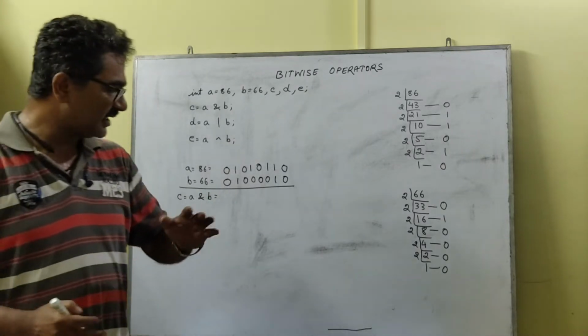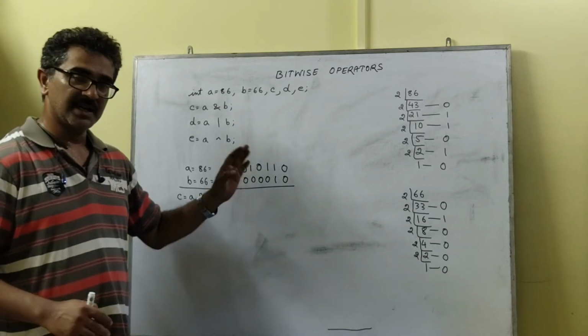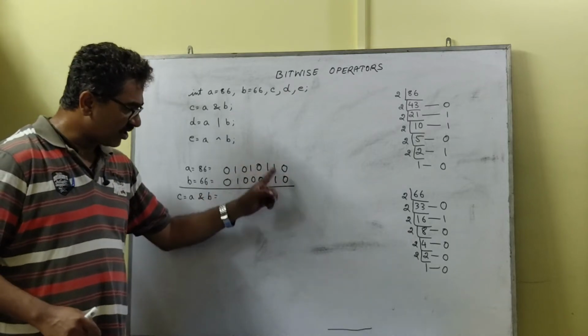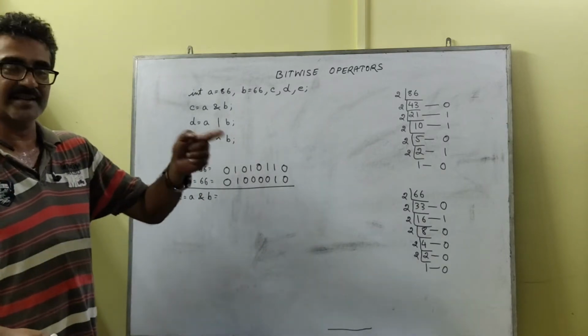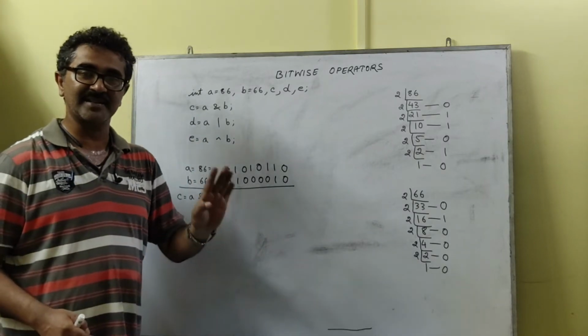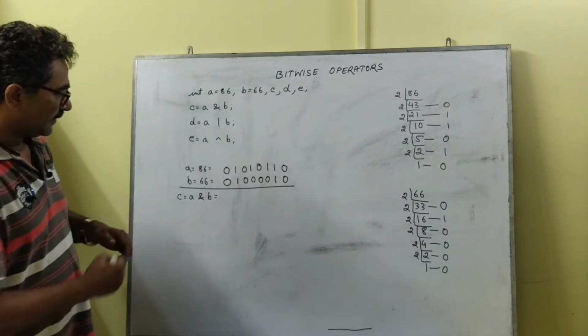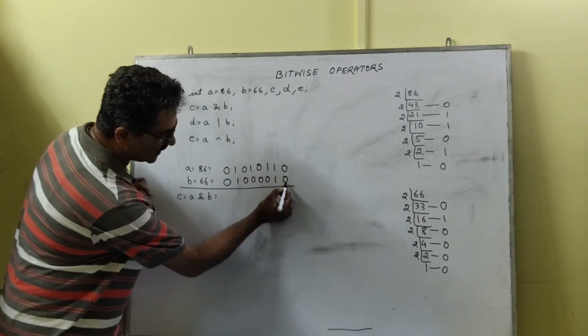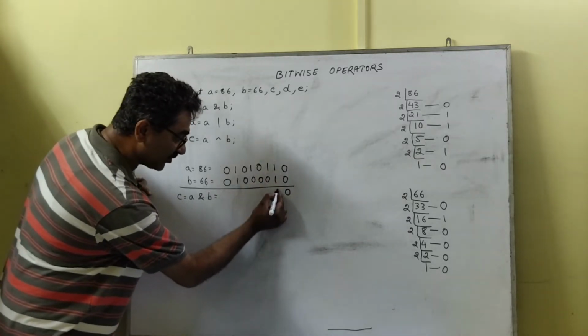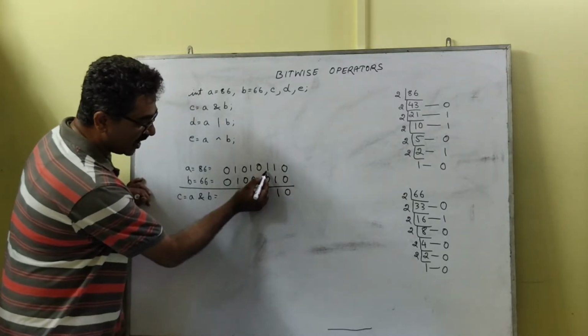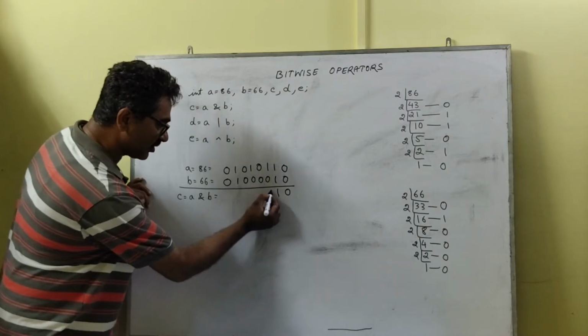Now when it comes to AND, when we AND each of these binary digits, when both the bits are 1, then the resultant is 1. Otherwise, the resultant is 0. So here you see both the bits are 0, so the resultant is 0. Both the bits are 1, so the result is 1. Again here, 1 and 0 is always 0.